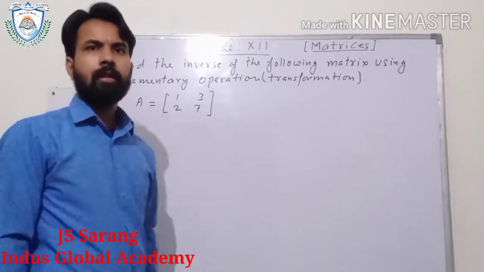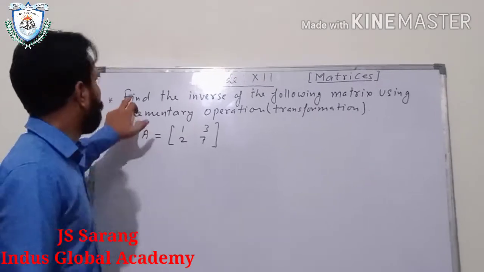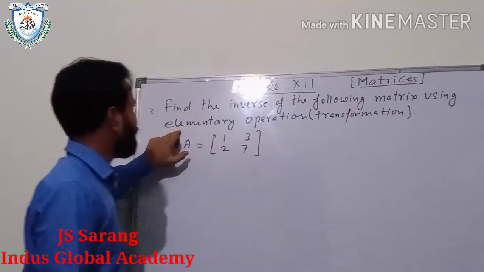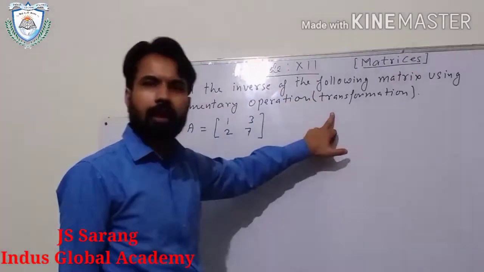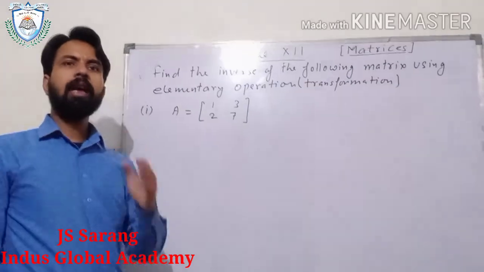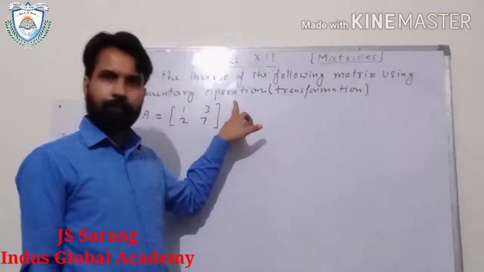Yes, students. Now I am going to explain a question here. Find the inverse of the following matrix using elementary operations or transformations. One matrix is given here and we have to find its inverse by elementary operations. Clear?